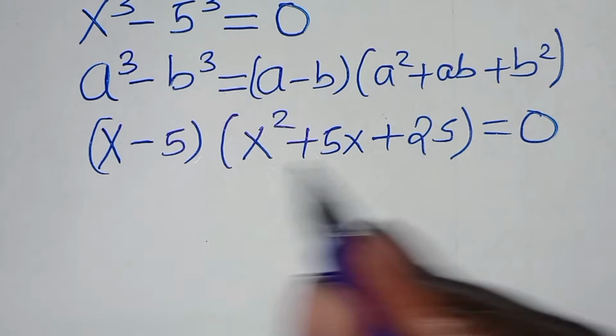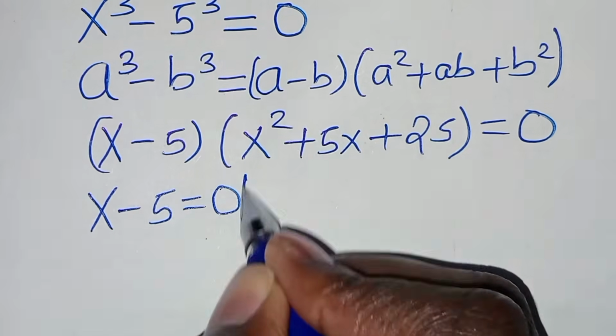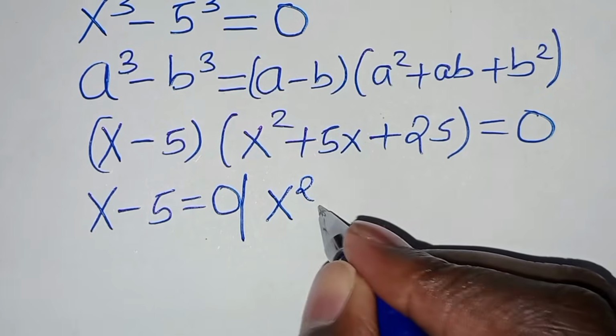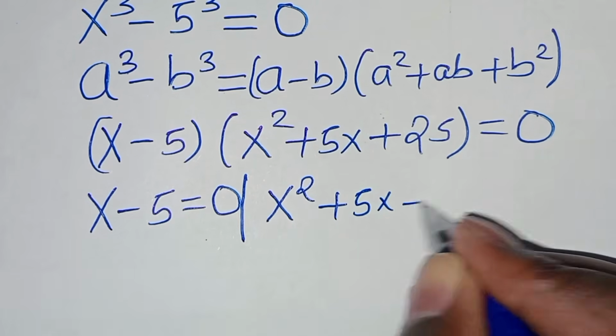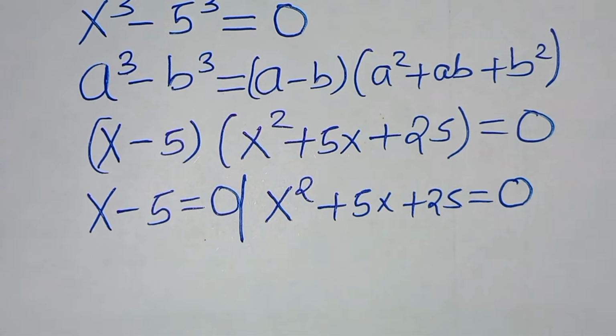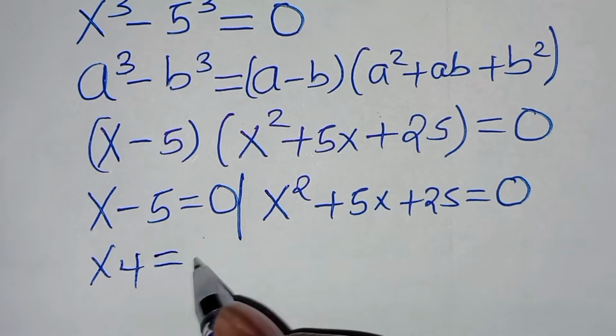Now here we have two parts. The first part is x minus 5, which is equal to 0. The second part is a quadratic equation, x squared plus 5x plus 25, equal to 0. This implies that x4 is equal to 5.